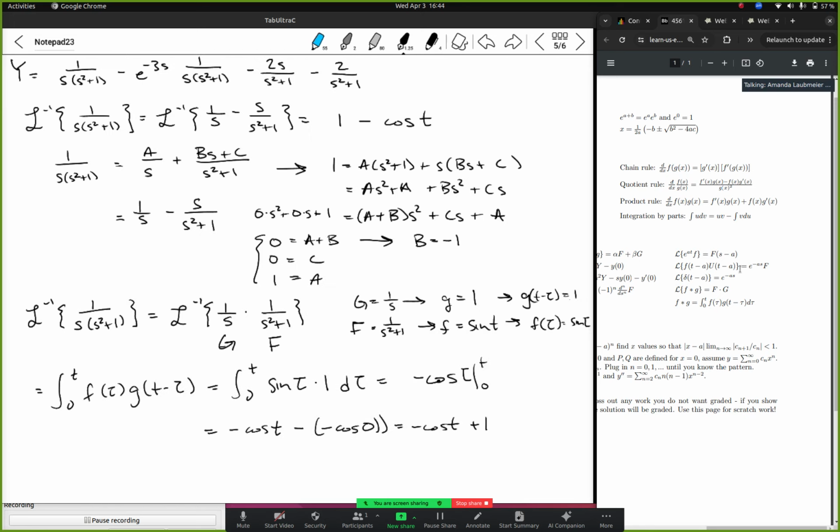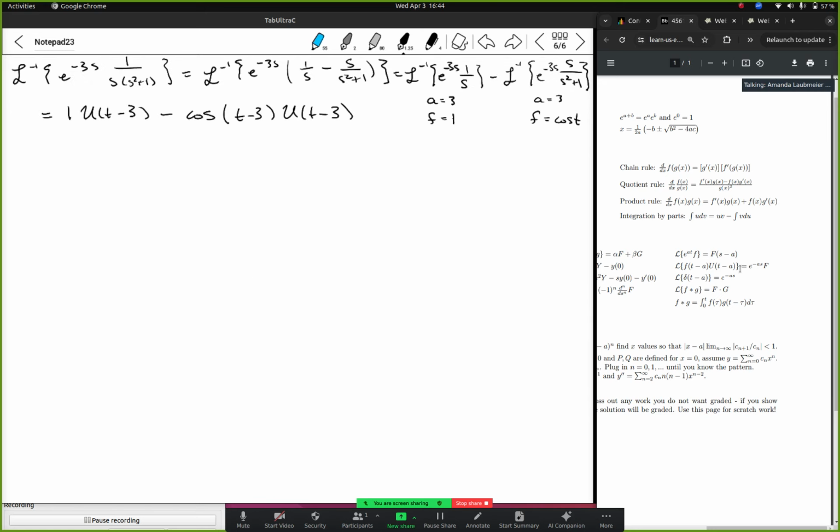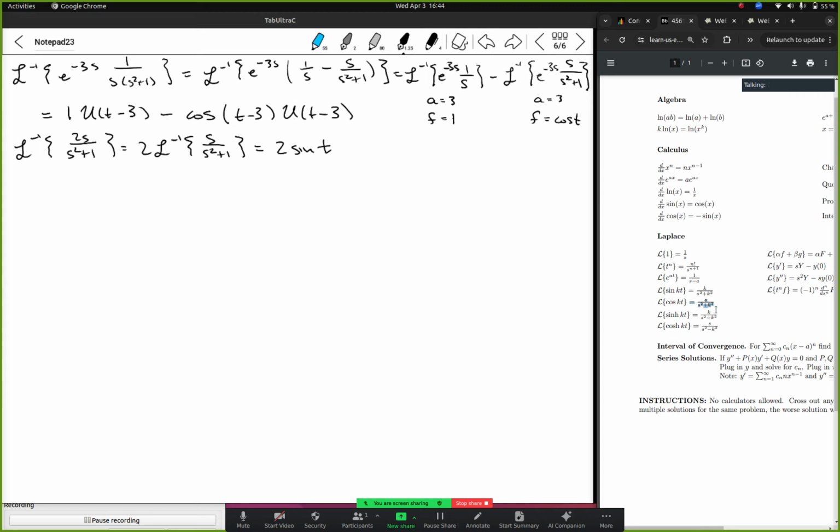Should be like uphill from here. The last two are a lot easier. So L inverse of 2s over s squared plus 1 is just 2 L inverse of s over s squared plus 1. That's just 2 sine t, nope, did it a second ago and still got it wrong.